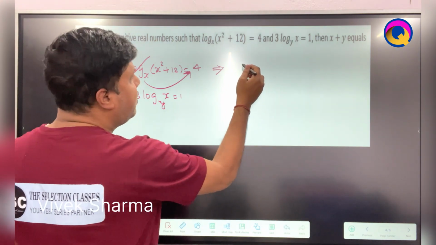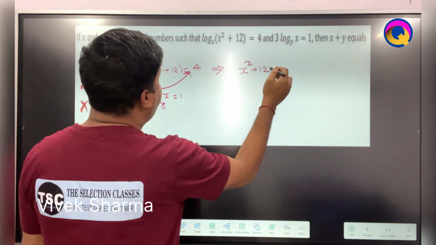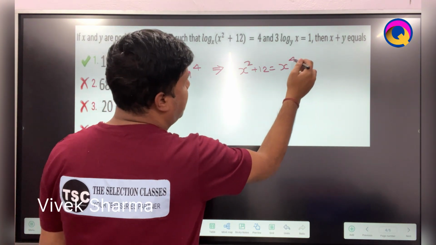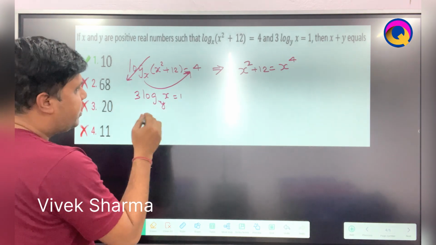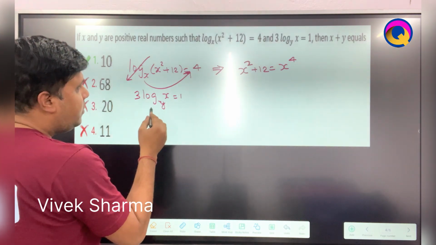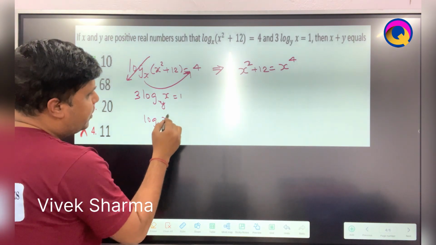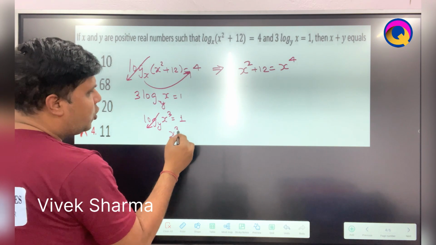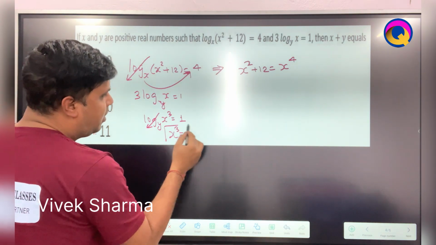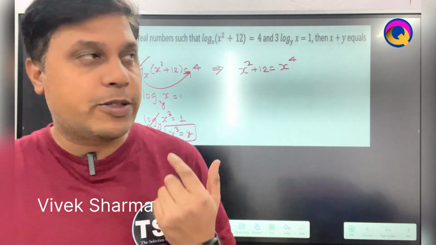So I can write x square plus 12 should be equal to x power 4, right? Similarly, if I remove this log, I can say this number can be written as log base y of x cube equals 1. So x cube should be equal to y. So I have two relations, and from these two relations I have to find the value of x plus y.